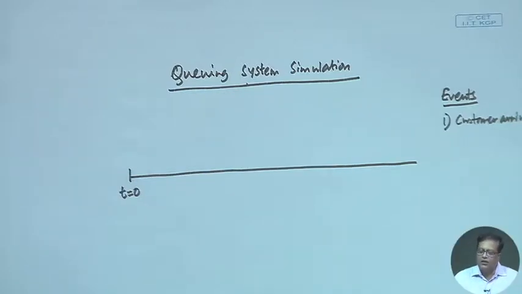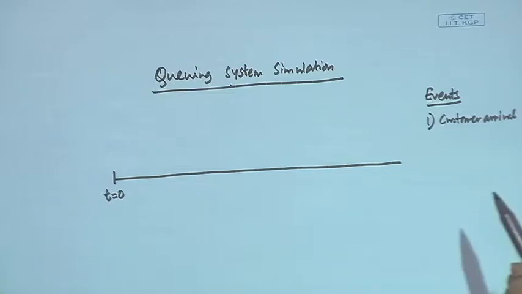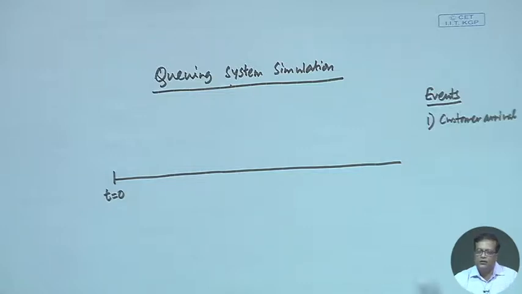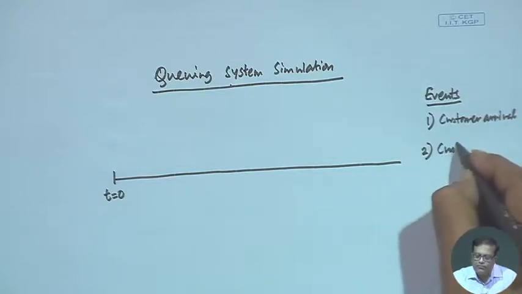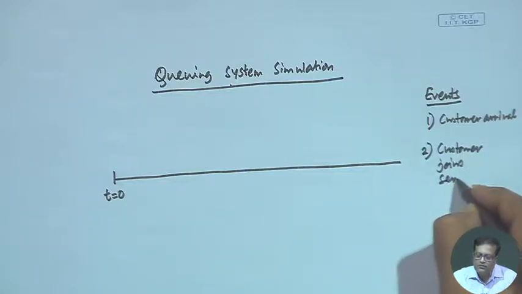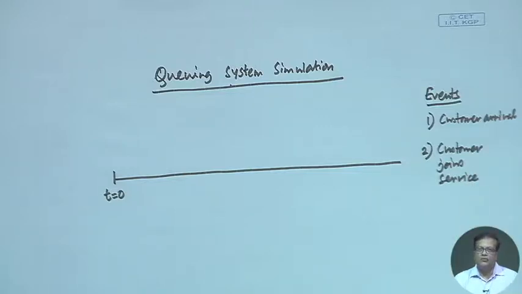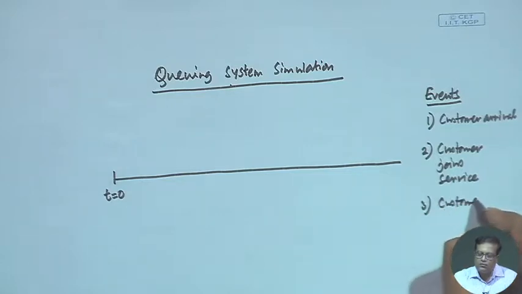As the customer arrives, the customer can do two things: the customer can join a queue, or the customer can join the service directly. Those are the events that can happen. The second event is the customer joins service. And the third event is the customer leaves service.